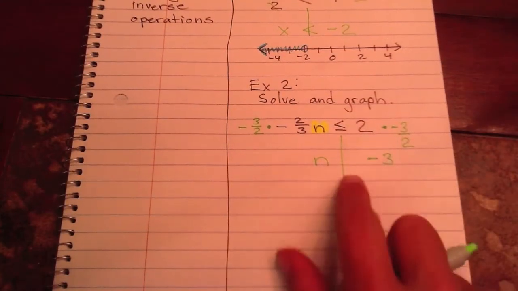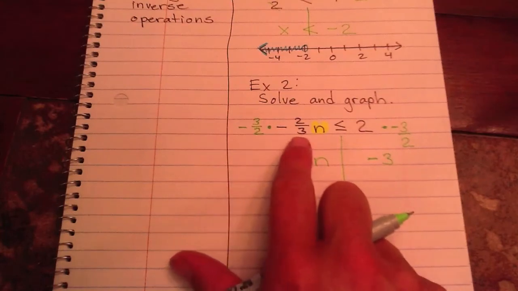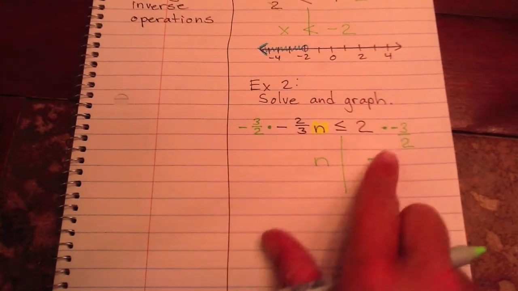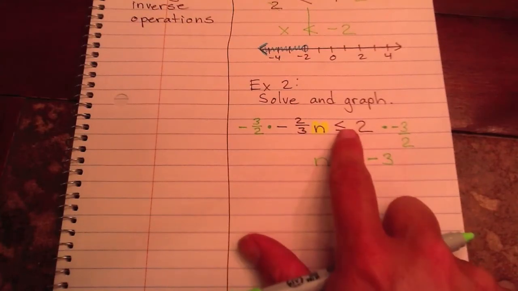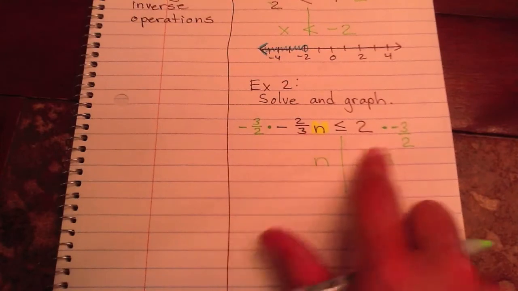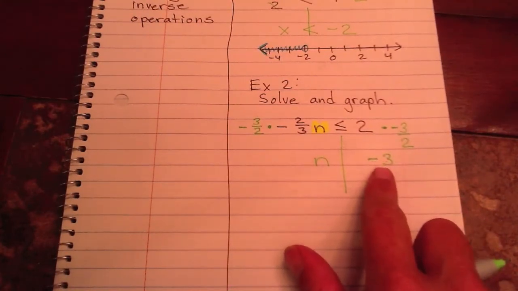Now, I didn't put in my inequality because I need to talk to you about the rule that I told you was going to be new. Whenever you take a negative and you multiply or divide it across this line, you have to flip the inequality around. It's only when you're multiplying or dividing a negative across. It's not about what your answer ends up being.